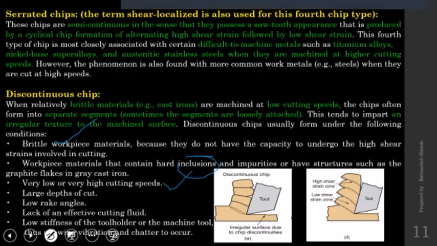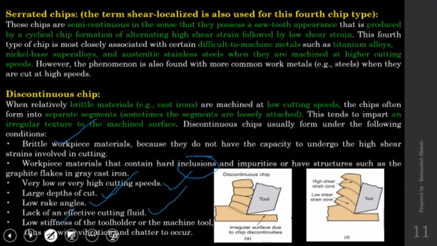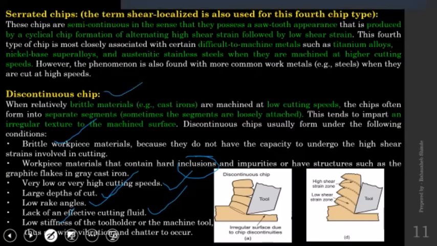Additionally, when cutting speeds are very low, when depths of cut are very large, when rake angles are low, or when cutting fluids are not used efficiently or not used at all, and if the fixtures and tool holders have less stiffness, and you machine components on those kinds of structures, then that is going to result in formation of discontinuous chips.